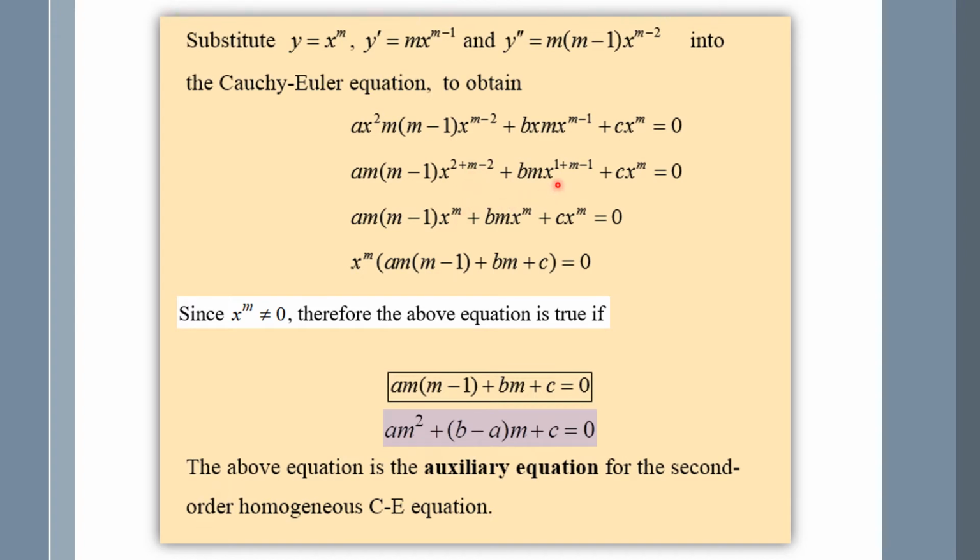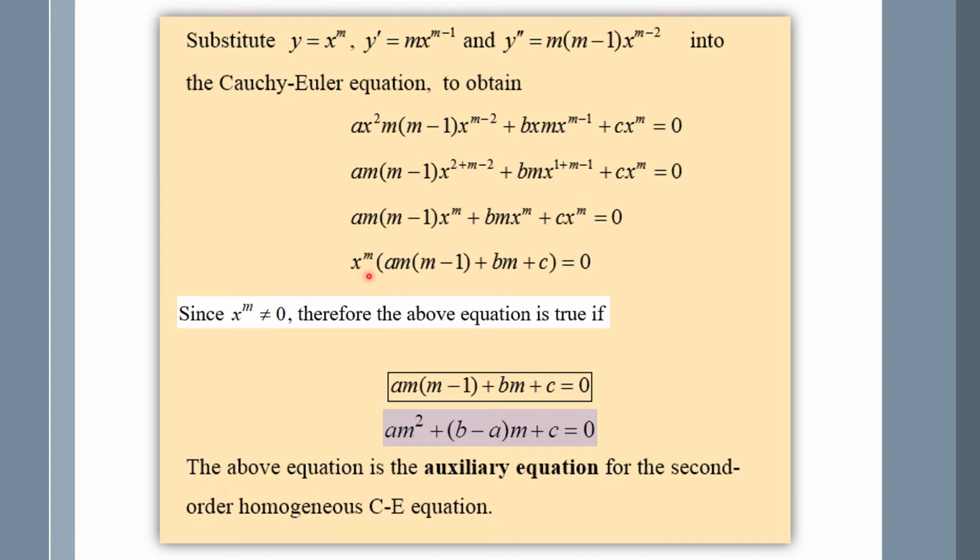For the second term, x to the power of 1 plus m minus 1 gives x to the power of m. Now in this equation, notice that x to the power of m is a common factor. Factor x to the power of m, leaving this expression inside the bracket: am times m minus 1 plus bm plus c.